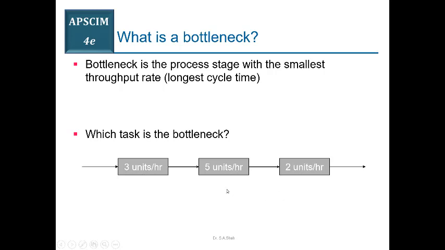The fastest station is the one with 5 units per hour, and the slowest one is the third one, which is 2 units per hour. So the bottleneck station is this one, 2 units per hour. The busiest or the slowest station will be the bottleneck station. So station number 3 in our case is the bottleneck.